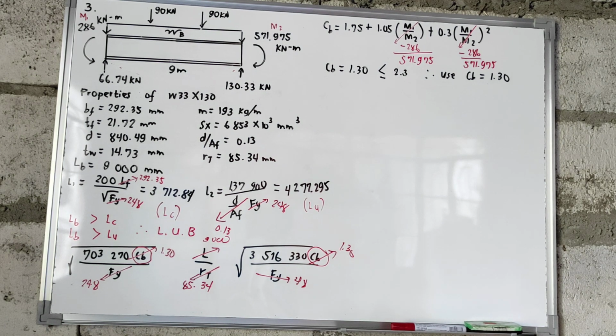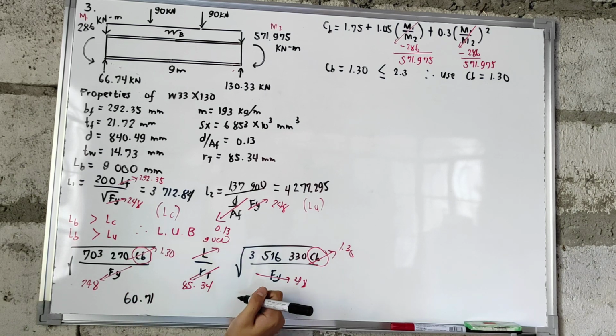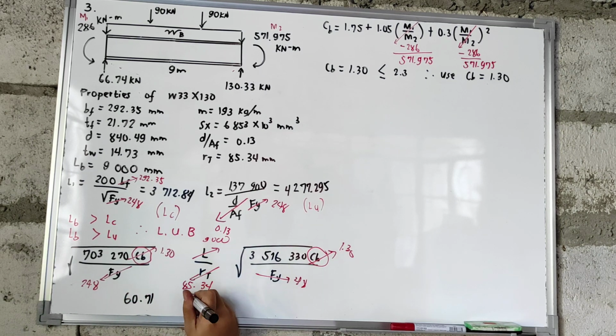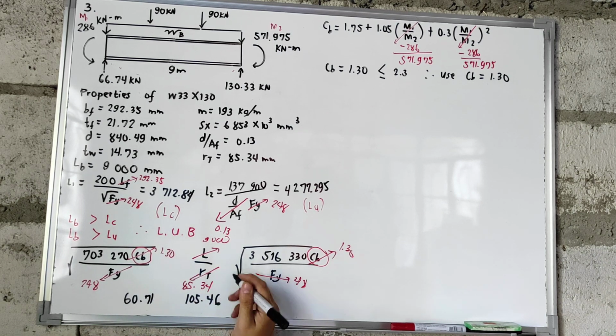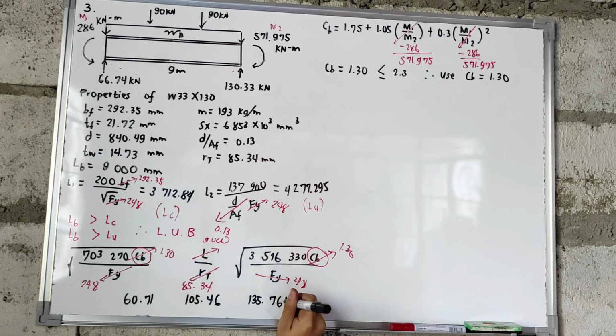The value will now become, etong dito sa left side natin, is equal sa 60.71. Yung nasa gitna naman natin, that is equal to 105.46 and 135.765.